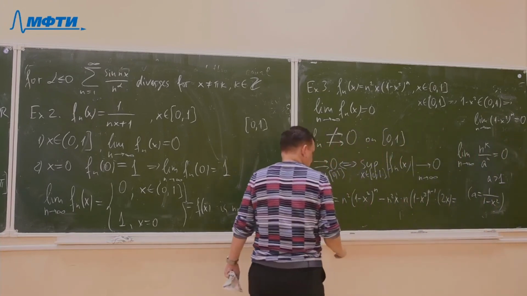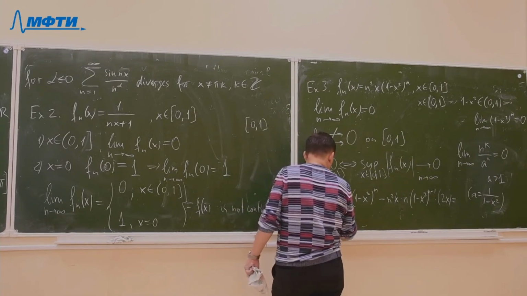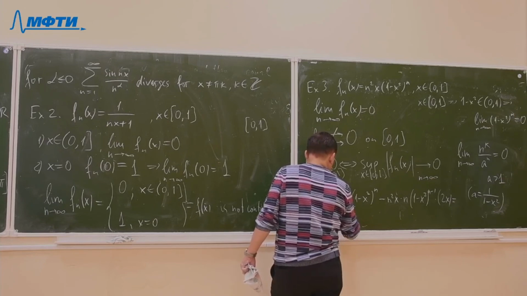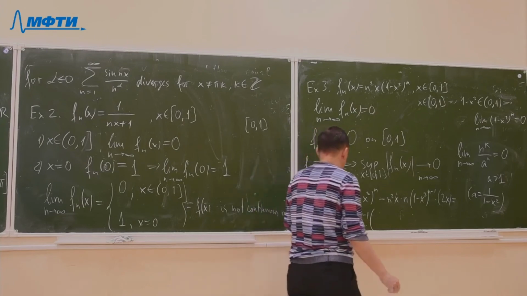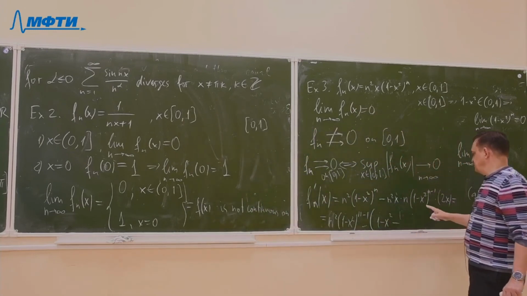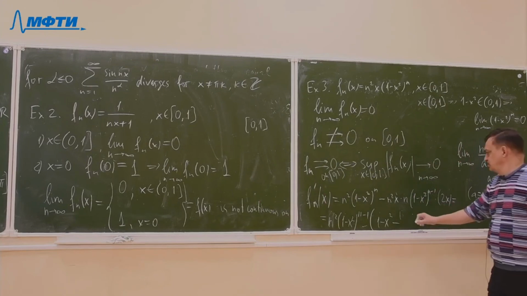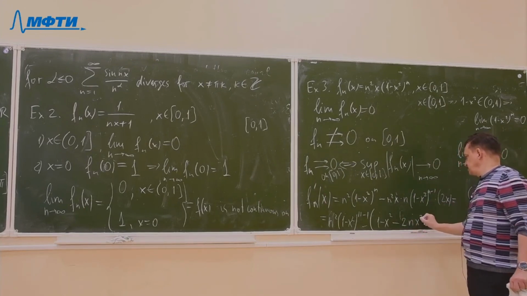That is n squared (1 minus x squared)^(n minus 1) times [(1 minus x squared) minus 2n x squared].